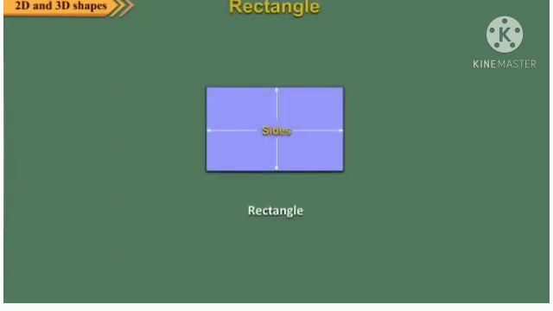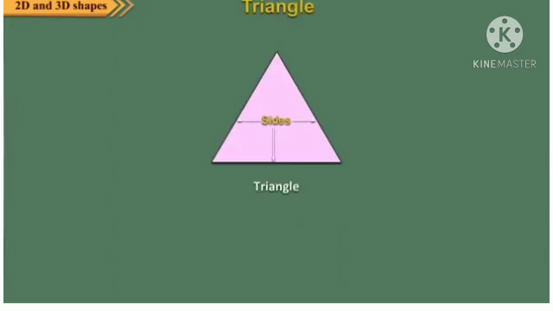Rectangle. A rectangle has 4 sides. The opposite sides of a rectangle are equal. It has 4 vertices. Triangle. A triangle has 3 sides.